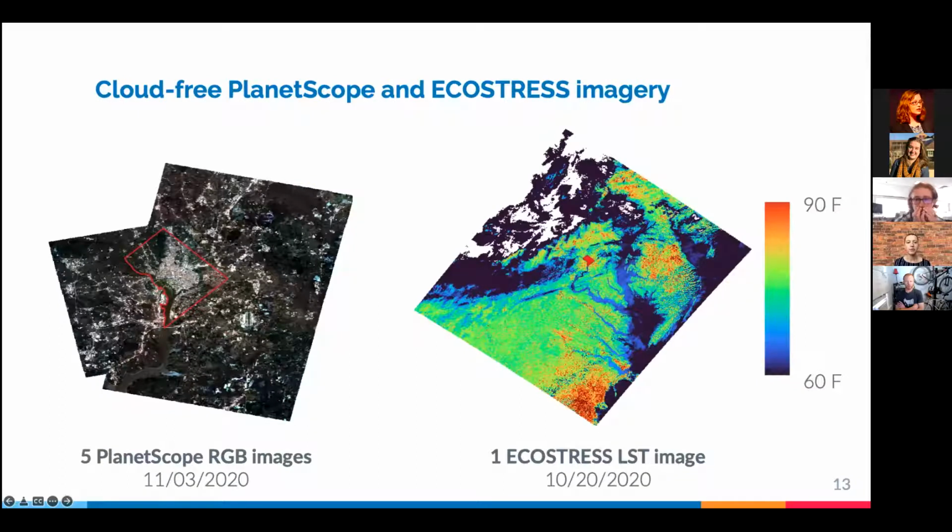So the 2 types of imagery that I used for my thesis project were PlanetScope RGB imagery and ECOSTRESS LST imagery. So that would be the thermal imagery. RGB imagery from PlanetScope is taken from a constellation of 130 Earth-observing satellites operated by Planet. These cover the entire Earth every day with 3-meter spatial resolution.